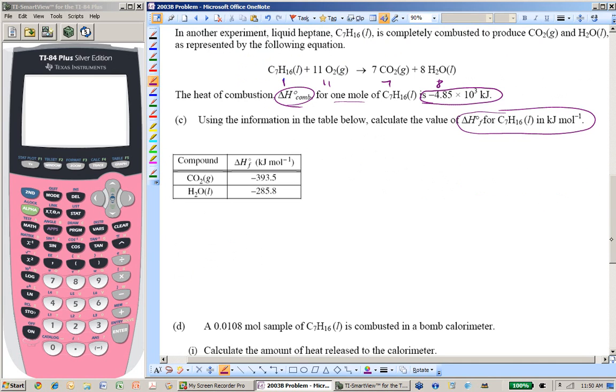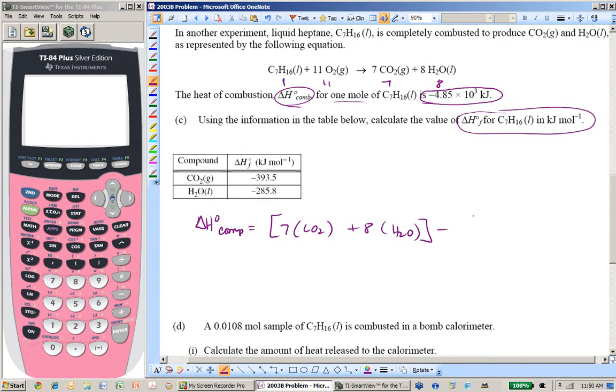Okay, so this is the classic, the delta H combustion is the delta H of the reaction, because this is a combustion reaction, go figure. And so I am looking for one of the pieces. And so I've got delta H not combustion, and it's a Big Mama Hess's Law moment, is equal to the sum of the products, which is 7 times the CO2 plus 8 times the H2O.